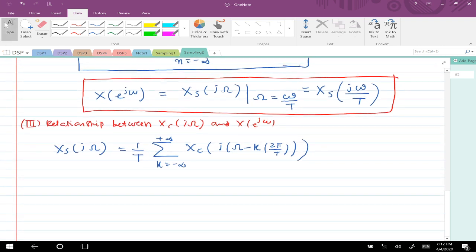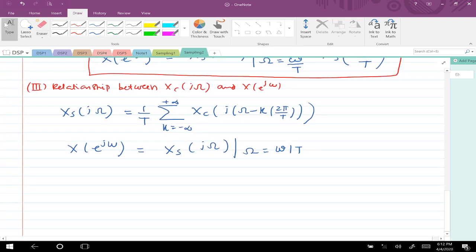Now from the above section, we already had x of e power j omega is nothing but xs of j omega computed at omega equal to omega by t, right?